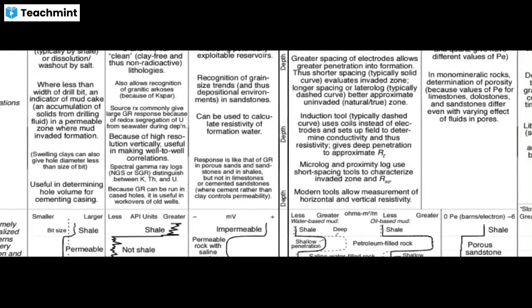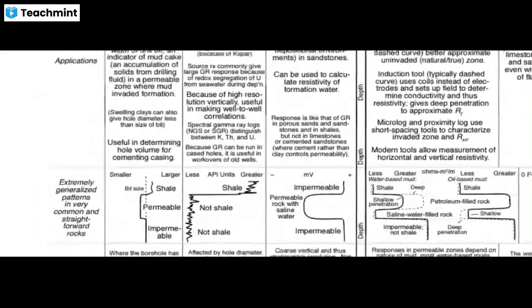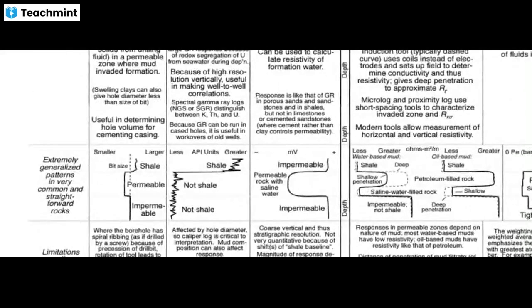Because of high resolution in the vertical direction, it is very useful. Then you can see the spectral gamma ray logs give distinction between K, TH and U. Because GR can be run in cased holes, it is useful in workover operations also.